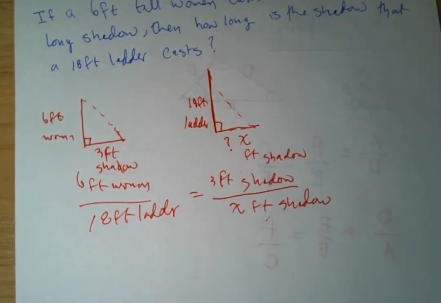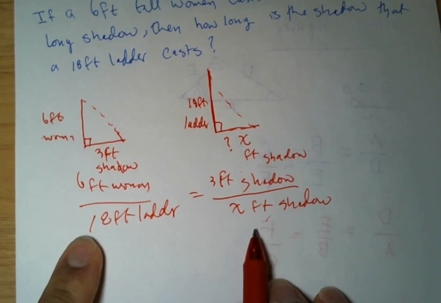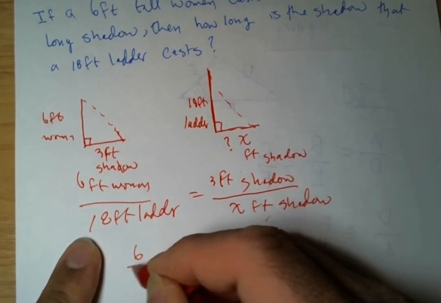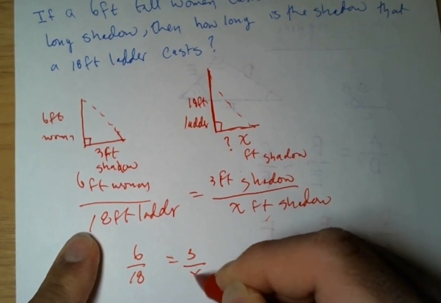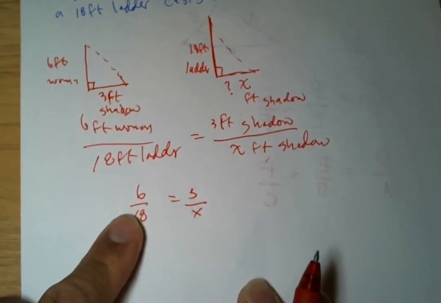Now at this point, this should be pretty straightforward. We can drop the units to solve, so it really boils down to a basic proportion.